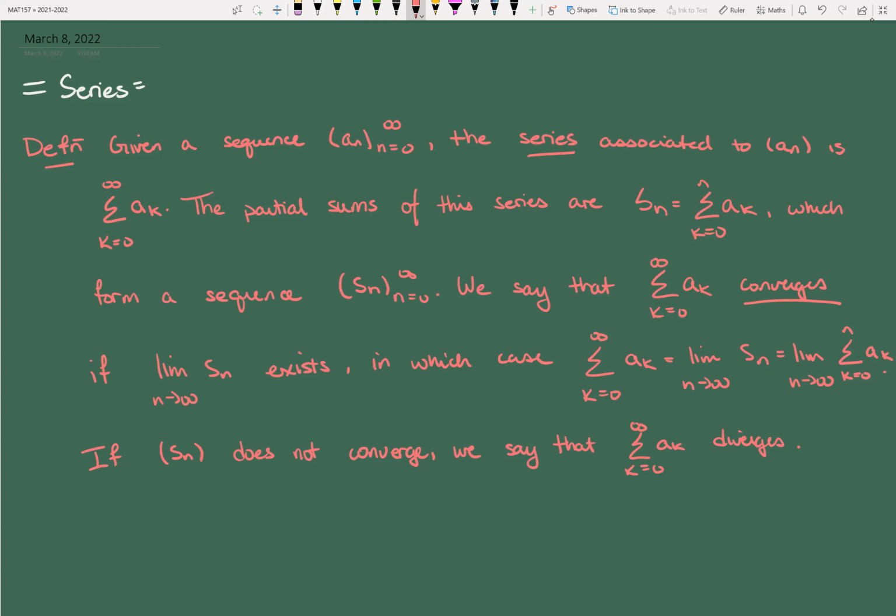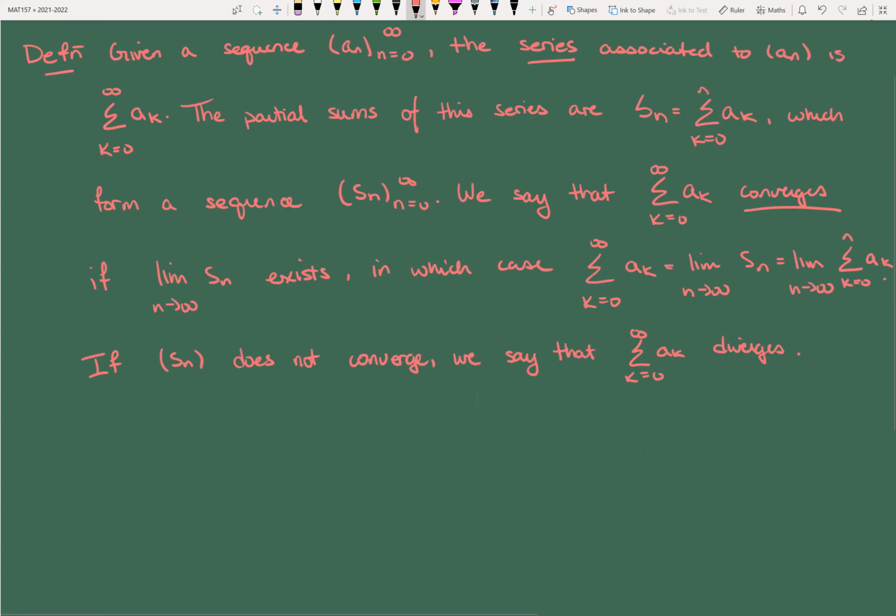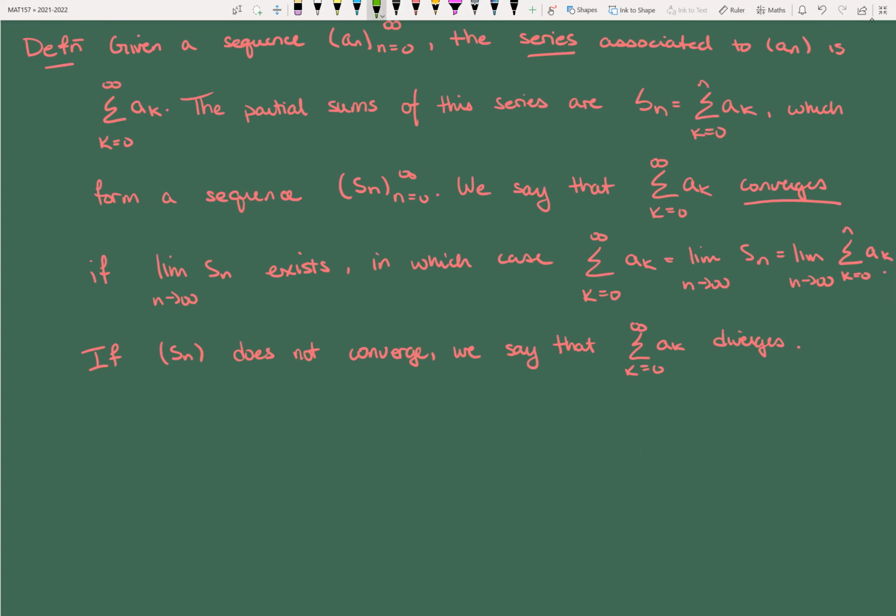Now, actually here, these are notes. Let me maybe say this. A couple of interesting notes for the partial sums: the n plus first partial sum is the nth partial sum plus the next term in the sequence.